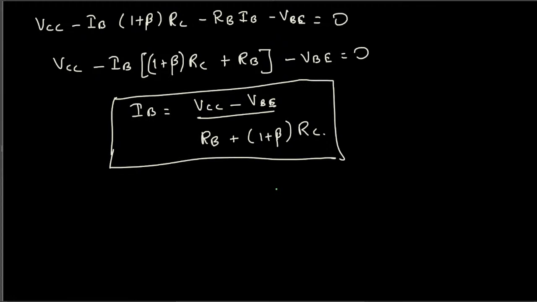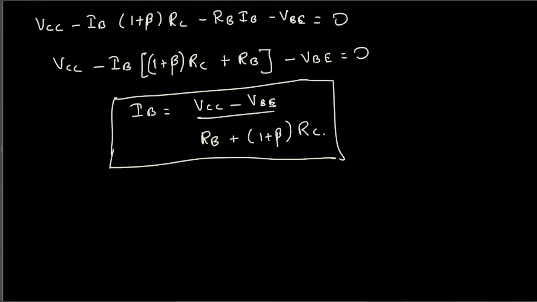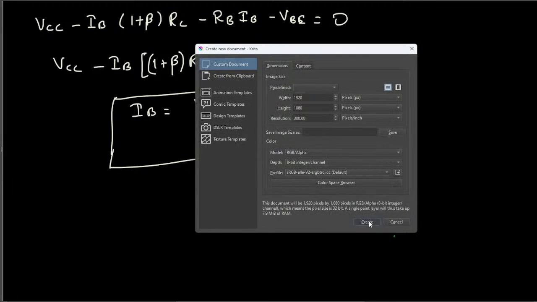Now if you want to derive the equation for the VCE and IC, we have to look at the outside of the circuit. So we have to just cut the inside of the part and take this part alone, the outside part alone. And if we draw the circuit, it's going to look like this. Let me use a new page for it.